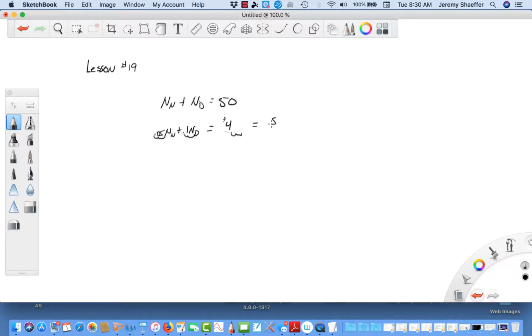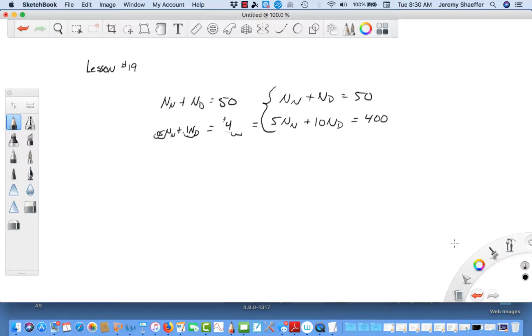So it's going to be 5 number of nickels plus 10 number of dimes equals 400. The top equation stays the same: number of nickels plus number of dimes equals 50. There's our problem. Now how do we solve for this?